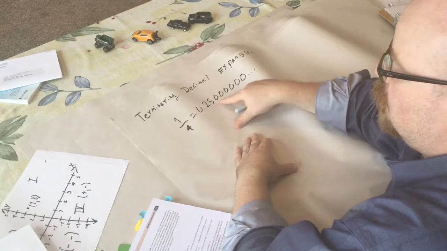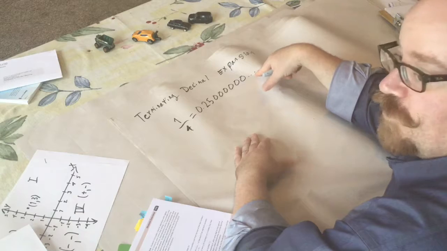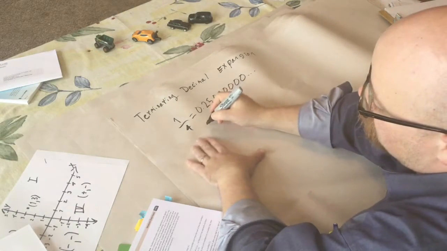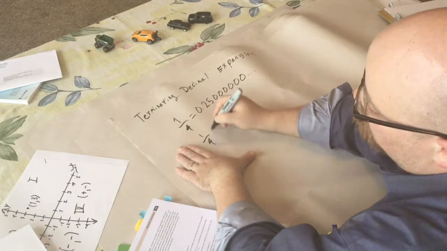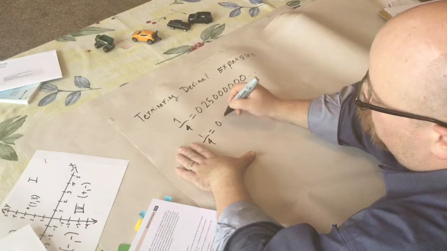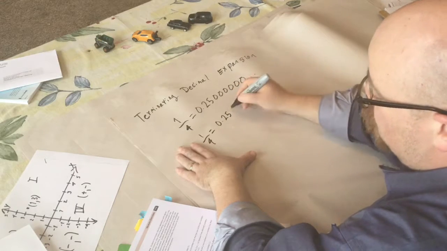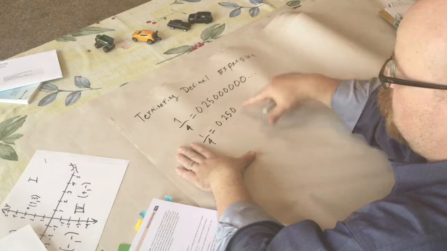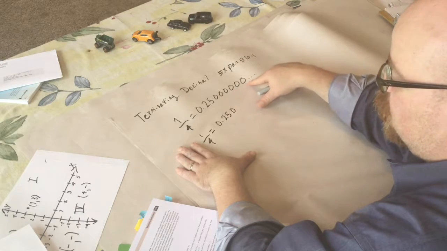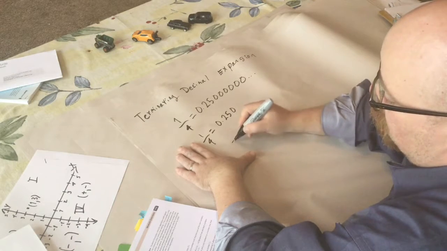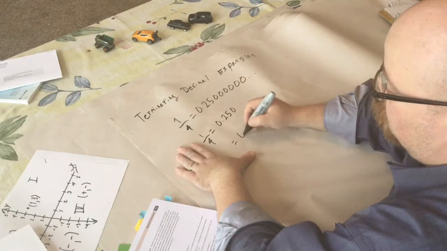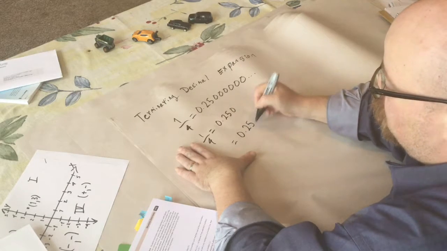But all these extra zeros are redundant, because if I say 1/4 is equal to 0.250, that has the same value as 0.2500000, okay? And then finally, even this has the same value as 0.25.